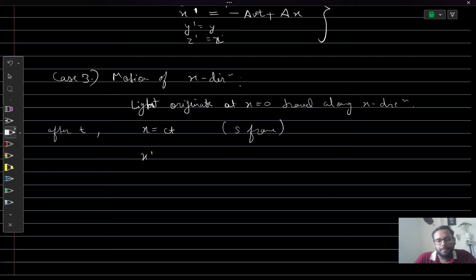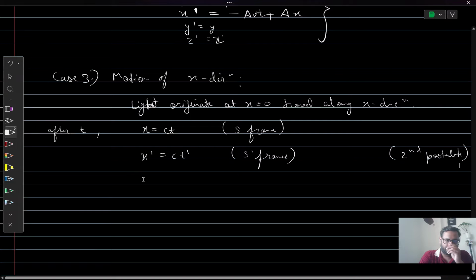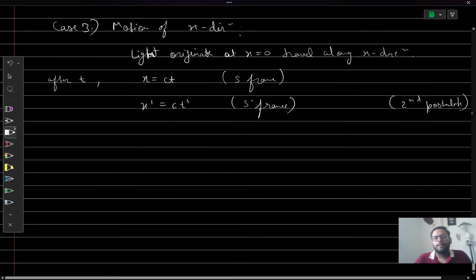In the X prime frame, it is c t prime, right? Because of the second postulate, in both frames, the speed of light is constant.